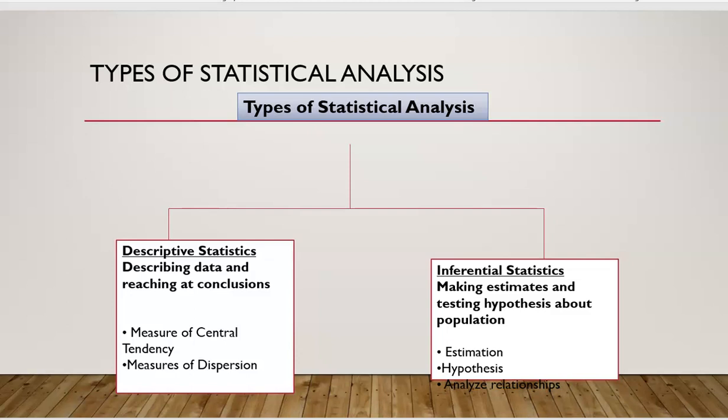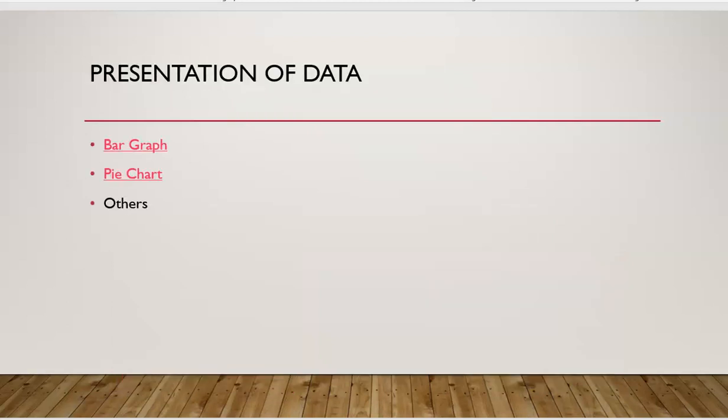Inferential statistics is all about finding a result or coming to a conclusion, and the tools are estimation, point estimation and interval estimation, hypothesis testing, and analyzing relationships. In inferential statistics we come to a conclusion from the analysis; in descriptive, we do the analysis. Dispersion measures the scatter of data, whereas central tendency measures the middle point of the data. We are going to take this up in detail in the subsequent slides.